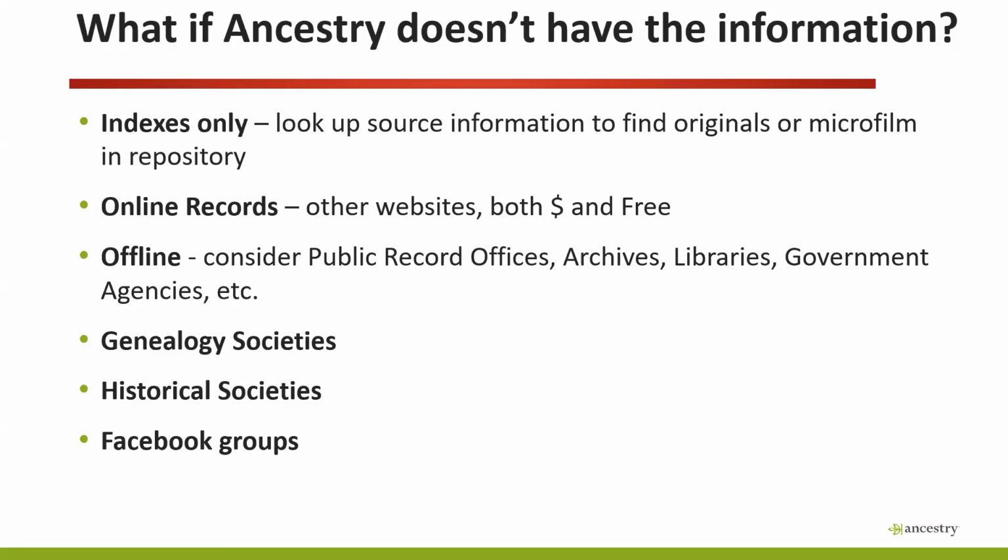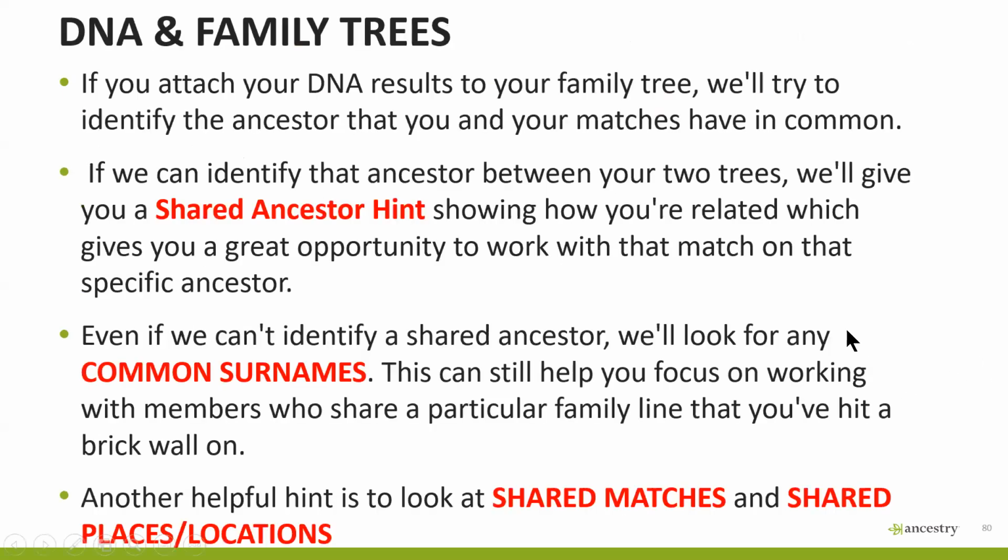I know we did a seminar with the Ontario Ancestors / Ontario Genealogy Society, and their society's been around for years, like 60 years, and they've indexed a lot of cemeteries and scrapbooks and things like that, and they can help you find the information that you need. And nowadays we have Facebook groups that can certainly help us in our search to finding information.